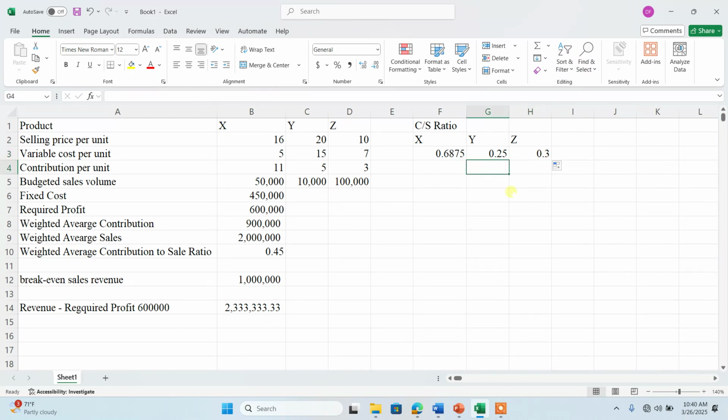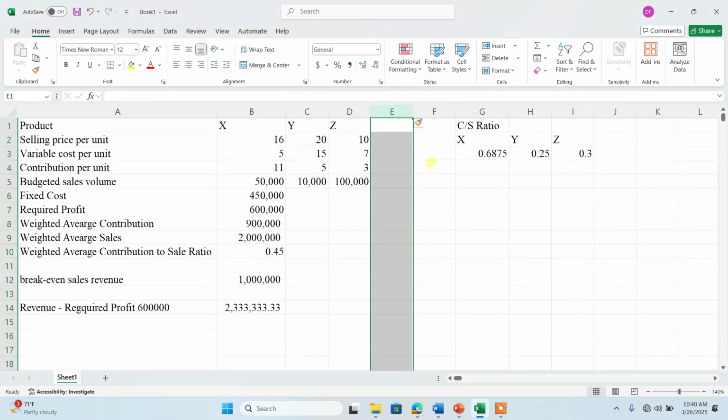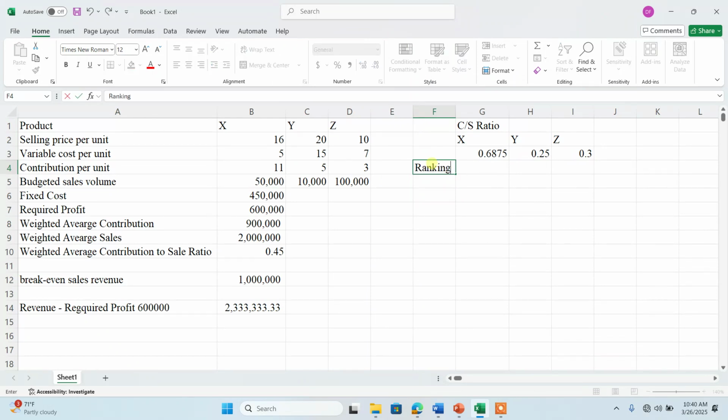Now if I do the ranking, X will be my first priority because its contribution to sales ratio is high. Then Z will be my second priority, and Y will be my third priority because Y's contribution to sales ratio is lowest among these three.